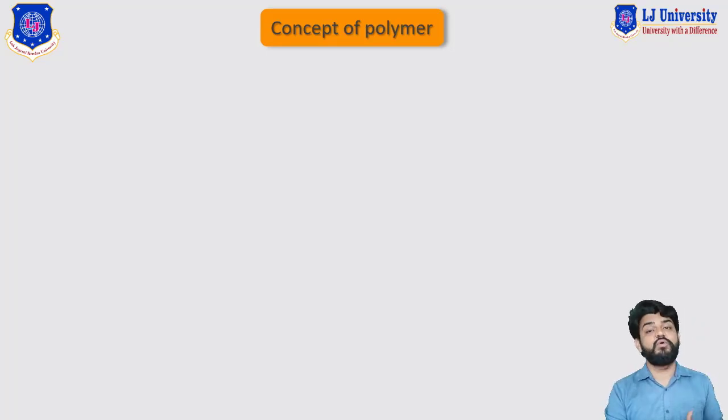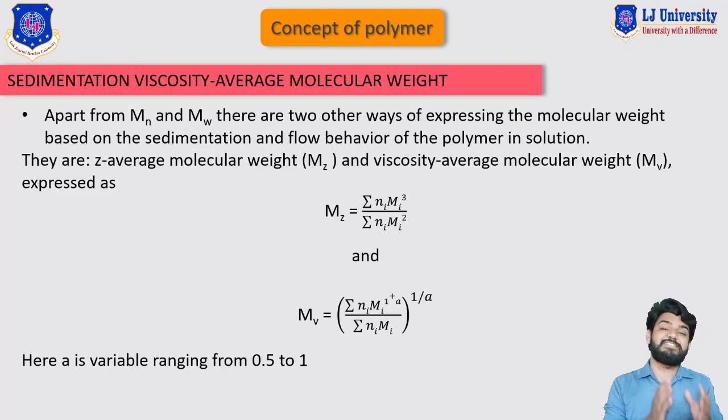Now in this video, we are going to discuss the sedimentation and viscosity average molecular weight as well. As you can see here on the screen, apart from Mw and Mn, that is your number average molecular weight and weight average molecular weight, we also have two other methods to express the molecular weight on the average basis, and that is the sedimentation and flow behavior, that is your viscosity of the polymer solution.